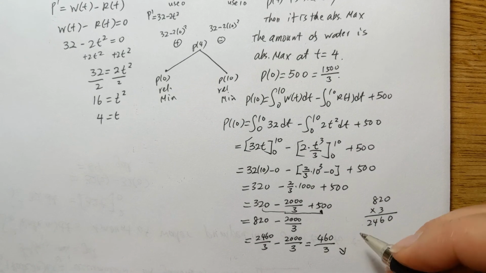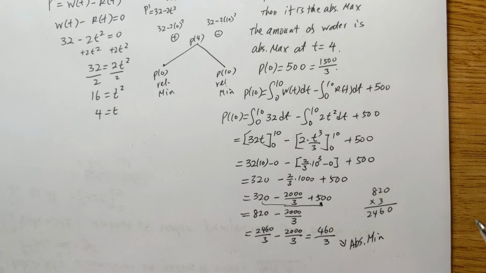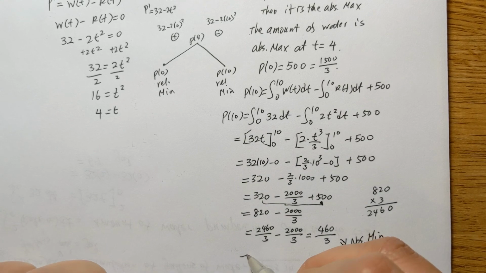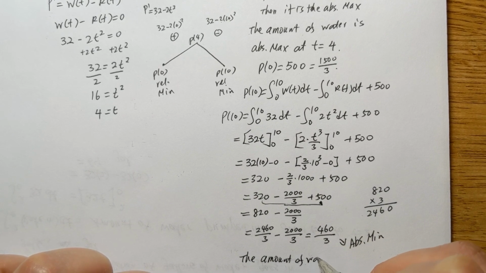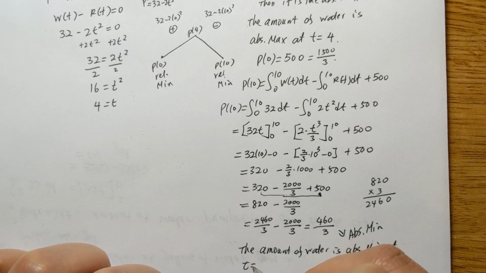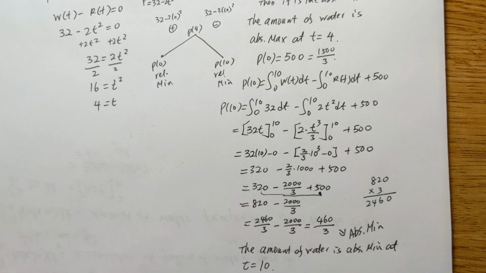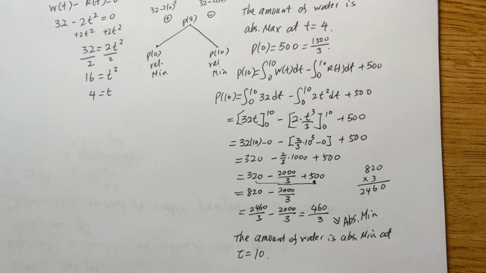So P of 10 is going to be the absolute min. So the amount of water is absolute min at t equal to 10. We finished question number 2.